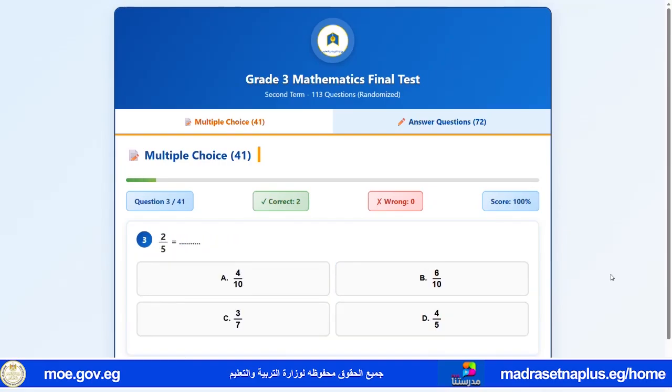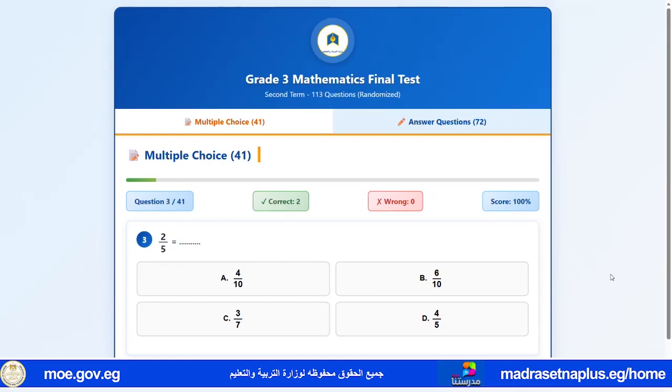Next one, equivalent fraction. How to get an equivalent fraction? My advice for you, you should multiply both terms by the same number or divide both terms by the same number. That means 2 and 5 are the terms of the fraction, numerator and denominator, the 2 parts of the fraction. The upper number, 2, is called numerator. What about 5? 5 is called denominator.